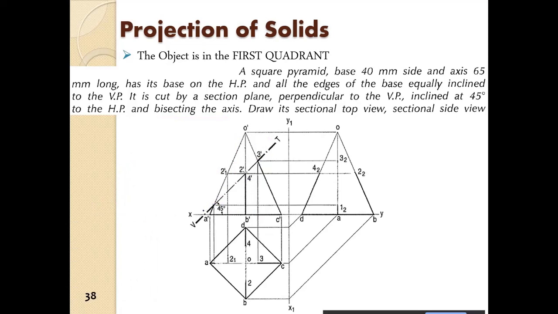So once the intersecting plane is drawn, now what you do, you first find out the points of intersection. This point, this point. Okay, so 1 point, 2 points. Here there will be 2 points, 2 dash, 4 dash, and 3 point. Then you project it down. So this is 1 point. So 2 dash, 4 dash will be projected here like this.